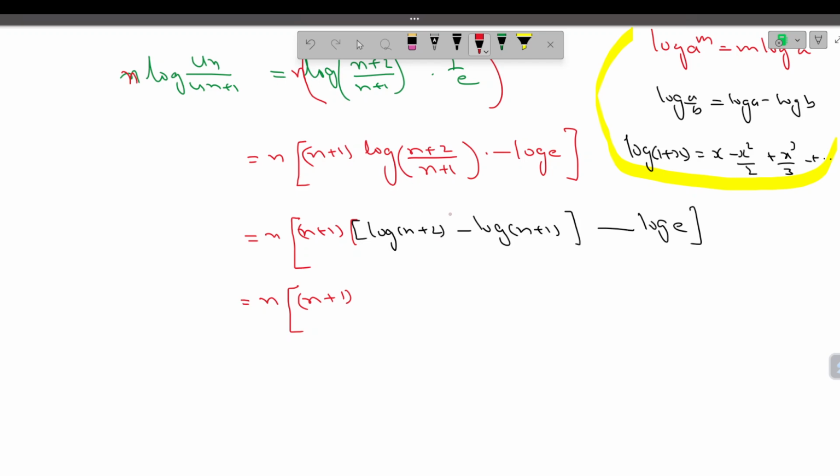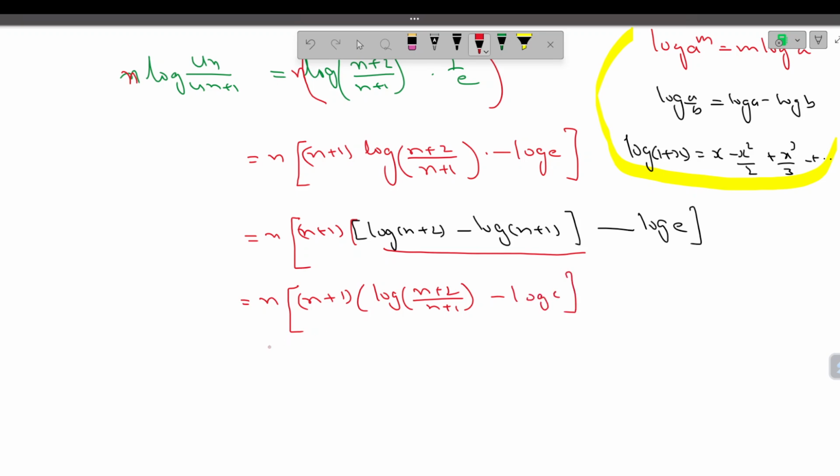This is log of a minus b. We will take this thing, log of n plus 2 by n plus 1. This I am combining, I am not opening. I am combining, minus log e.